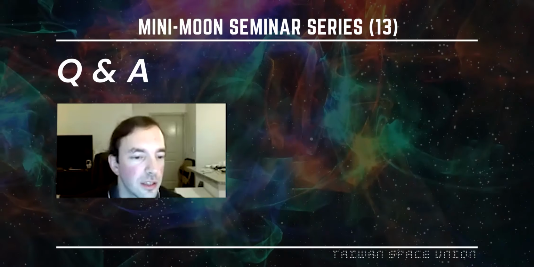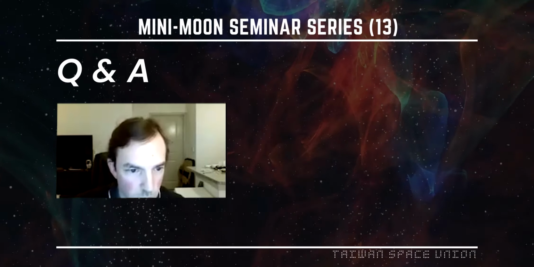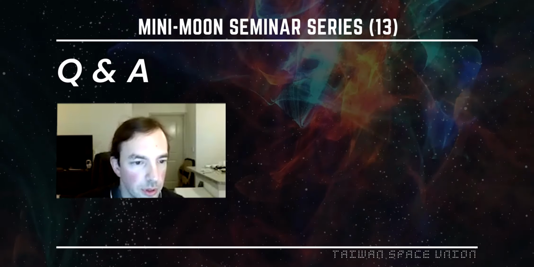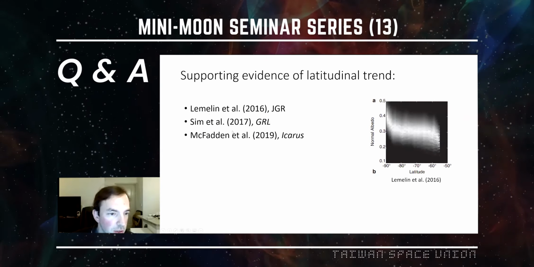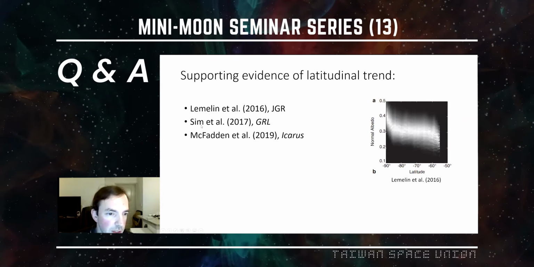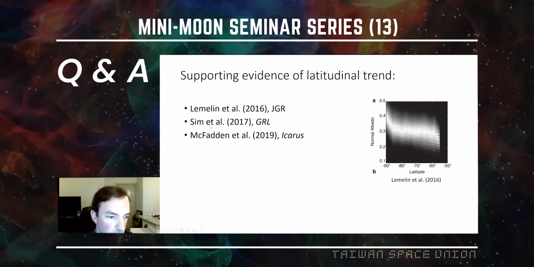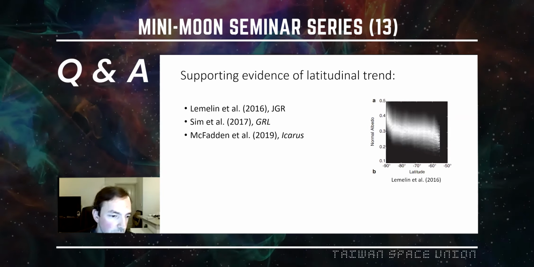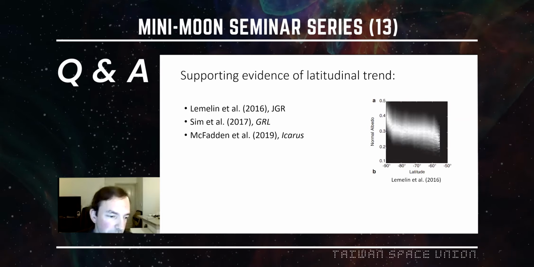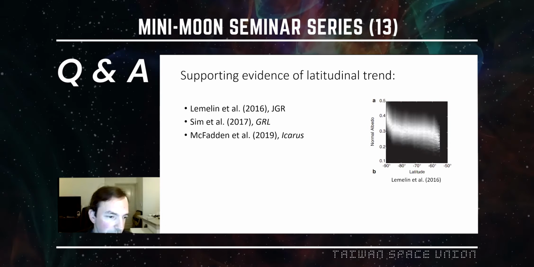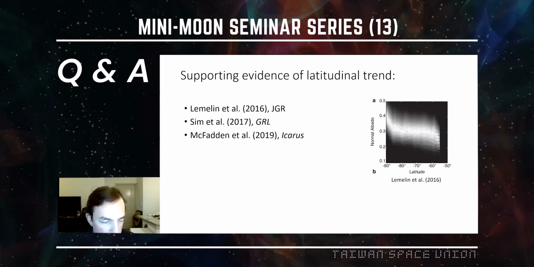I think the closest related paper is Sim et al. 2017. She looked at east and west crater wall differences, and there's definitely an effect. It depends on the latitude.